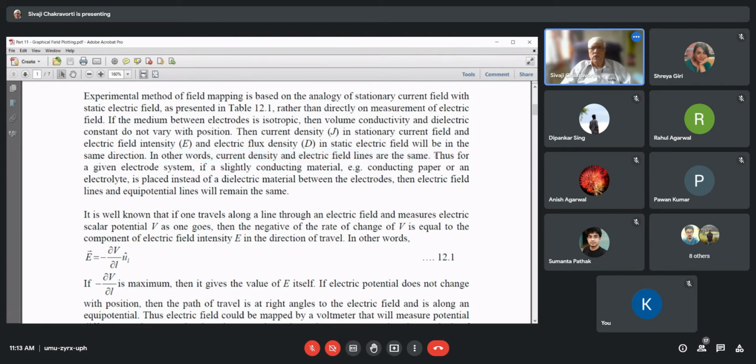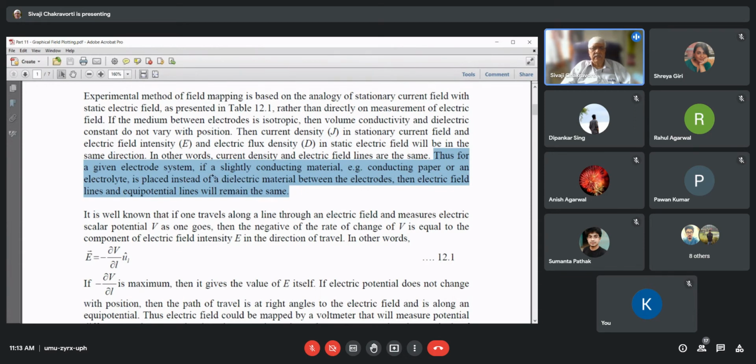So, for a given electrode system, if we take a slightly conducting material, this can be in the form of a conducting paper or an electrolyte, and this is placed instead of the dielectric material because we are using the analogy. So dielectric material is replaced by slightly conducting material.